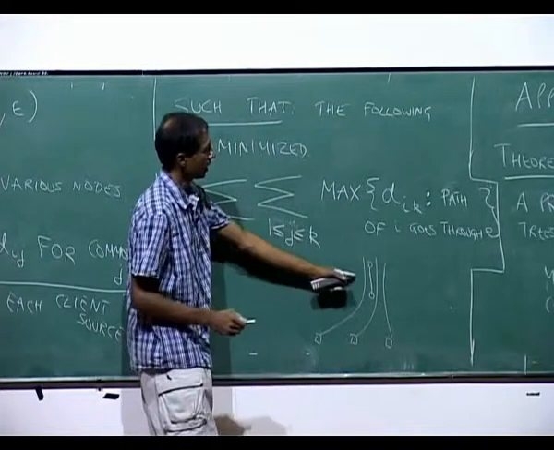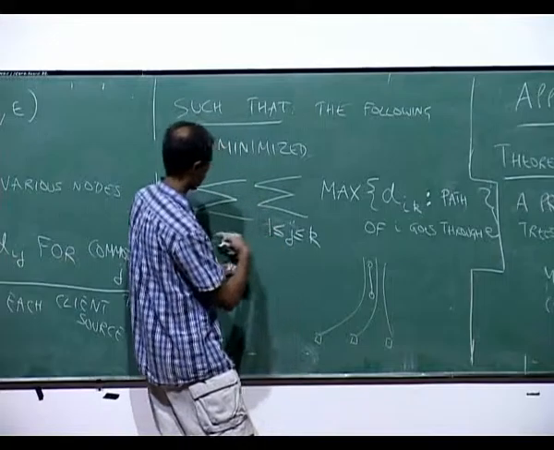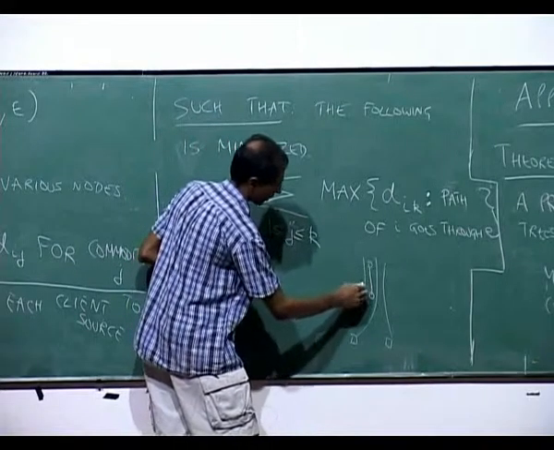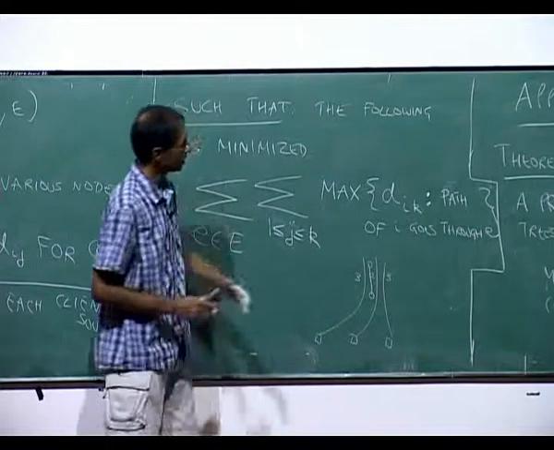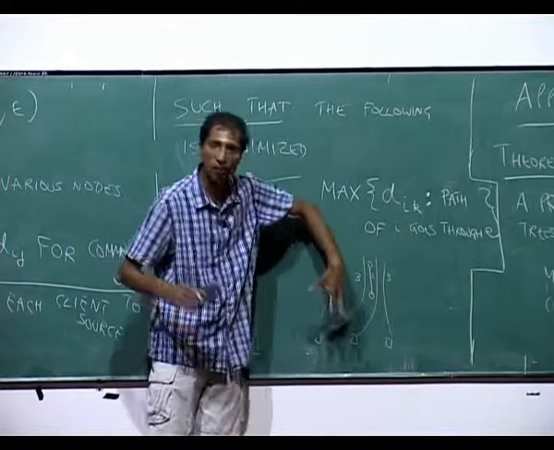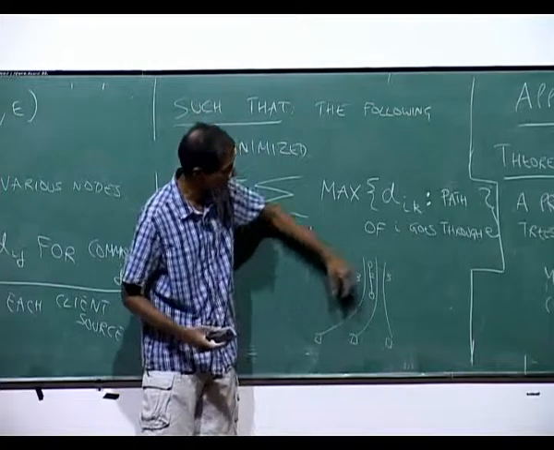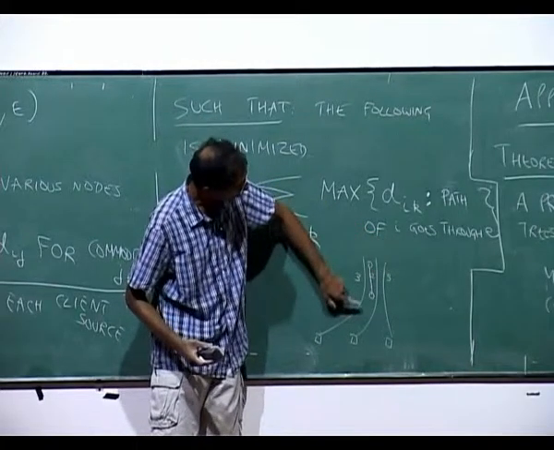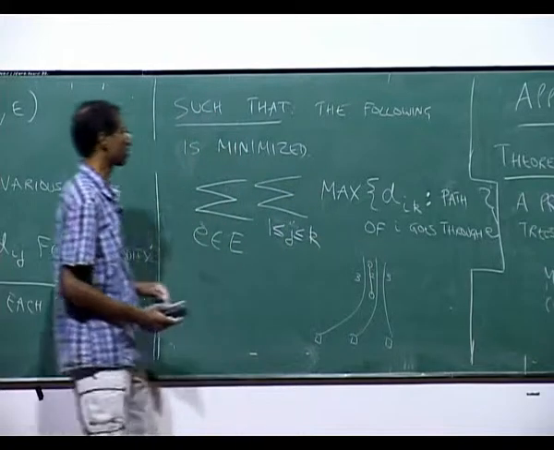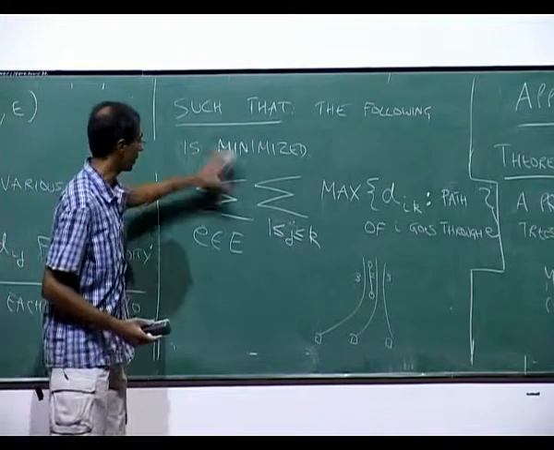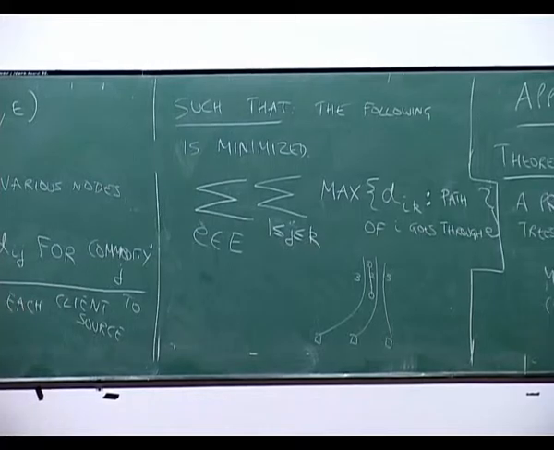Okay, and for commodity 1, let's say there was demand of 3, demand of 2, and demand of 5. But these are all the same commodity, so think of this like a multicast or streaming of some video, so they can all share it. So you pay 5 for this edge for that commodity. So you add it over all commodities, you add it over all edges, and that's minimized.